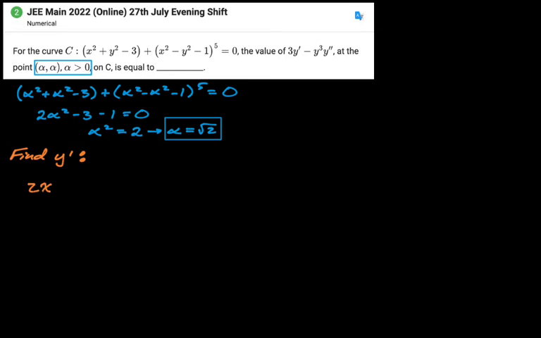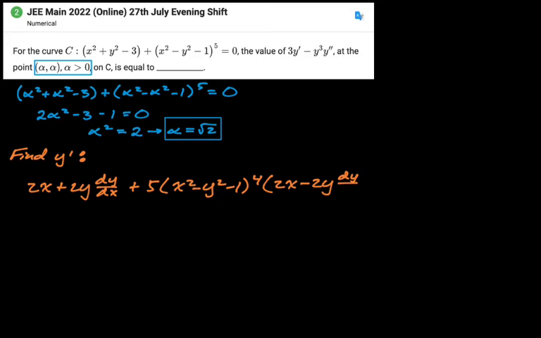It's going to be 2x plus 2y dy/dx, and the derivative of negative 3 is 0. For the second part, we're going to need the chain rule. We have something to the 5th, so that's 5 times something to the 4th, times the derivative of that thing. The derivative of this thing will be 2x minus 2y dy/dx, and the derivative of negative 1 is 0.